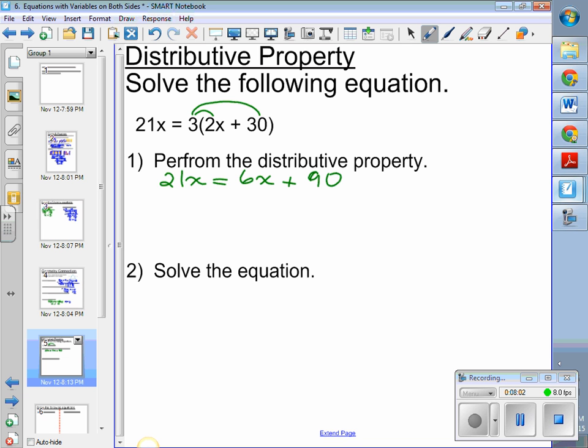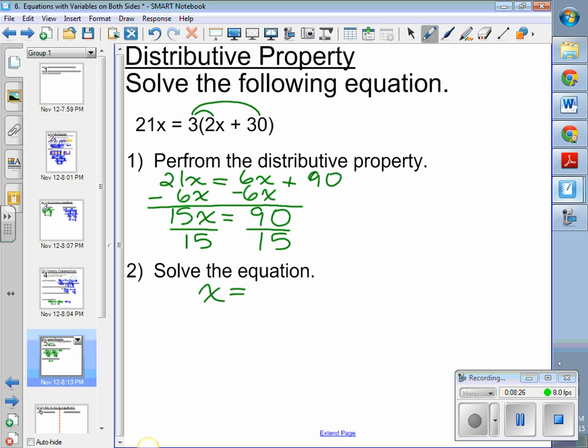Okay, and then we're going to solve. I'm going to subtract 6x from both sides. We get 15x equals 90. I'm going to divide both sides by 15, and x equals 6.